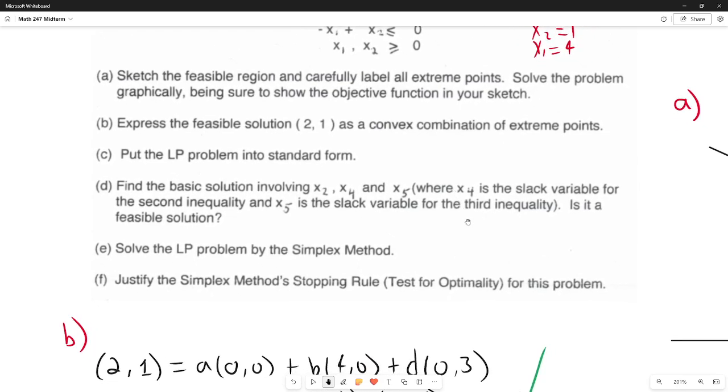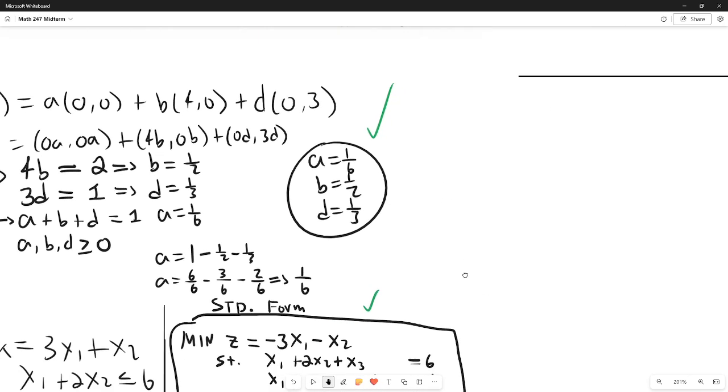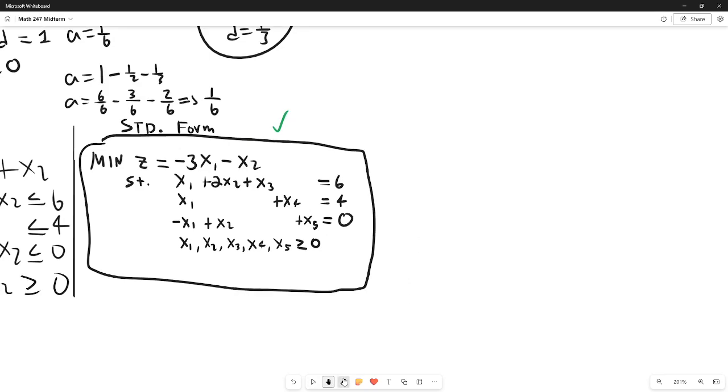And so again, we want to find a basic solution involving the two slack variables x4 and x5 and the variable x2. And we want to say, is it a feasible solution? What this is basically saying is take the variables that are not involved in the basic solution, in this case x1 and x3, set them equal to 0, and then find the values of x2, x4, x5. So I'm going to do that over here.